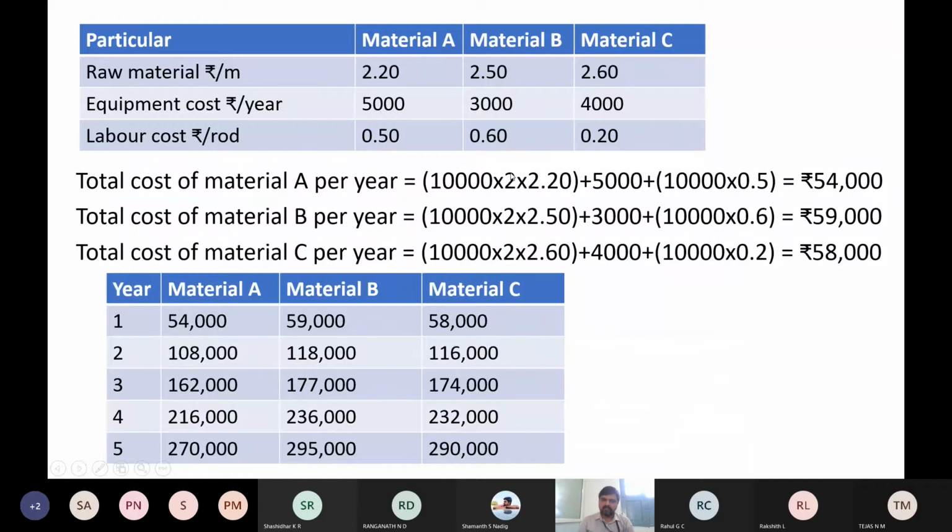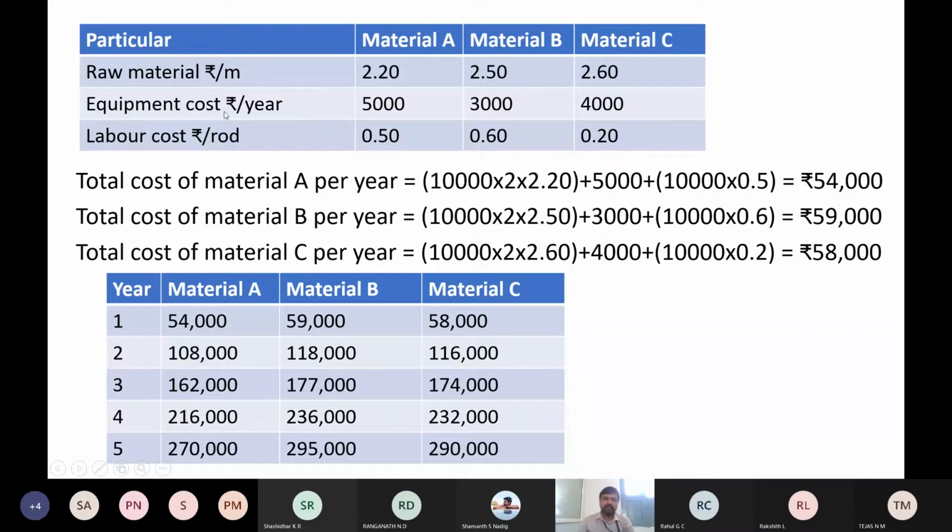Then the length of each rod is 2 meter. Since we know the cost per meter of the raw material, we are considering 2 into 2.20. The reason is the length of the rod is 2 meters. This will give you raw material cost for 10,000 units of a curtain rod.